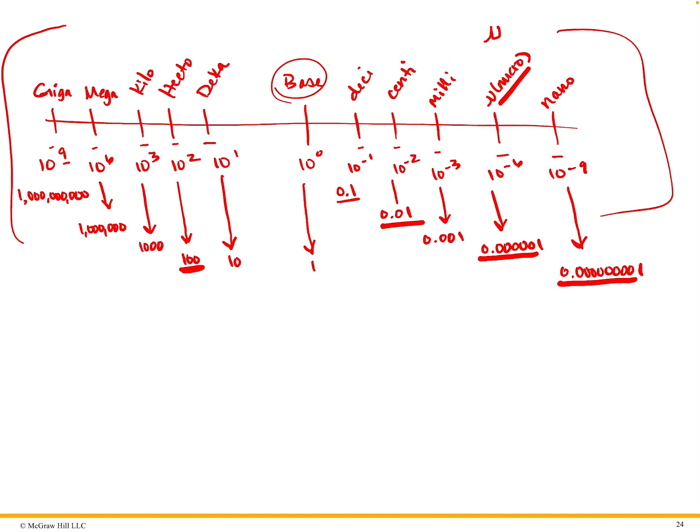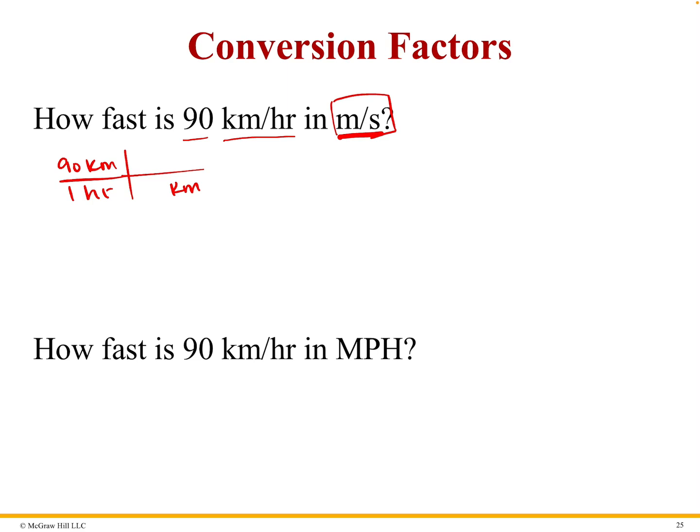This is things like meters, liters, grams, moles, bytes. You've heard of gigabytes, megabytes. That's part of this metric scale here. The base unit is whatever it is without a prefix, the prefix in this case being kilo. So we need to go to the base unit, which is meters.